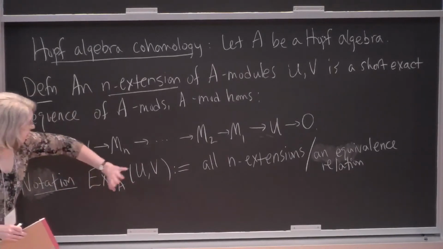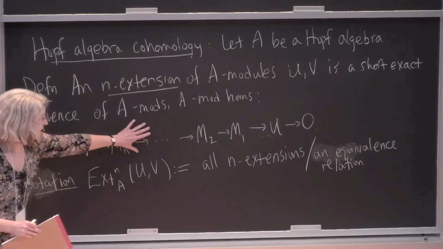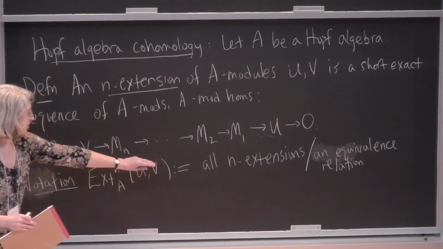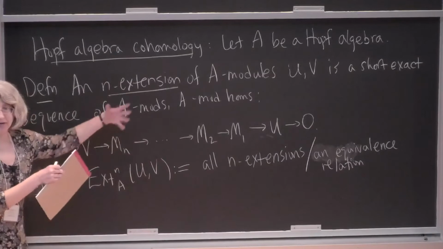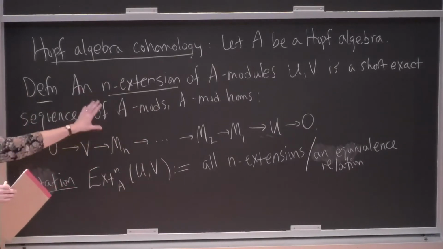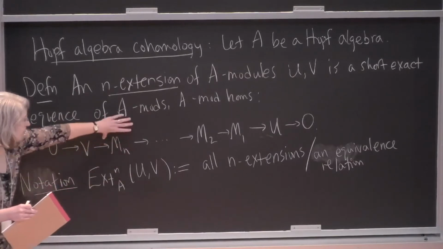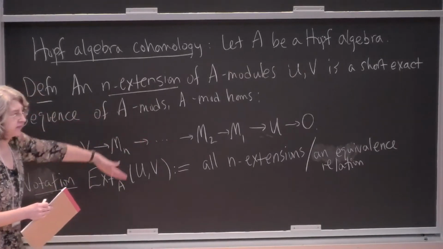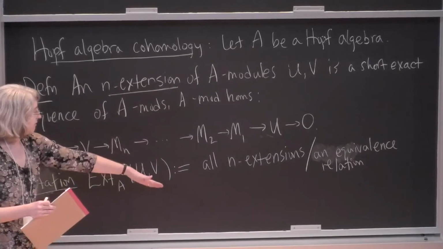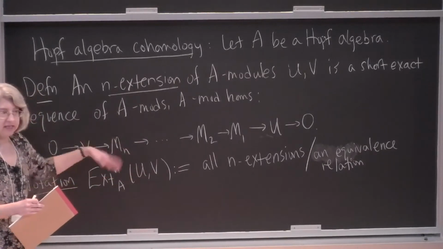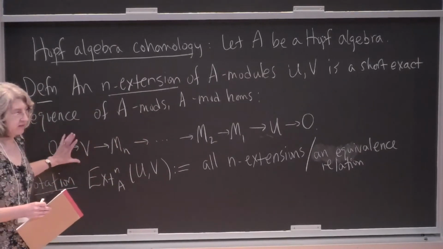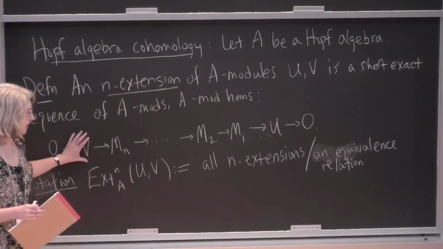And then I want to consider all possible n extensions and mod out by an equivalence relation. So the equivalence relation is this. I'll describe it, but I don't want to write it on the board because this is too much. If you take two of these extensions, the M's in the middle might be different. The U and the V are fixed. Map U to itself identically, V to itself identically, and then if you can fill in the diagram, then those two are equivalent.